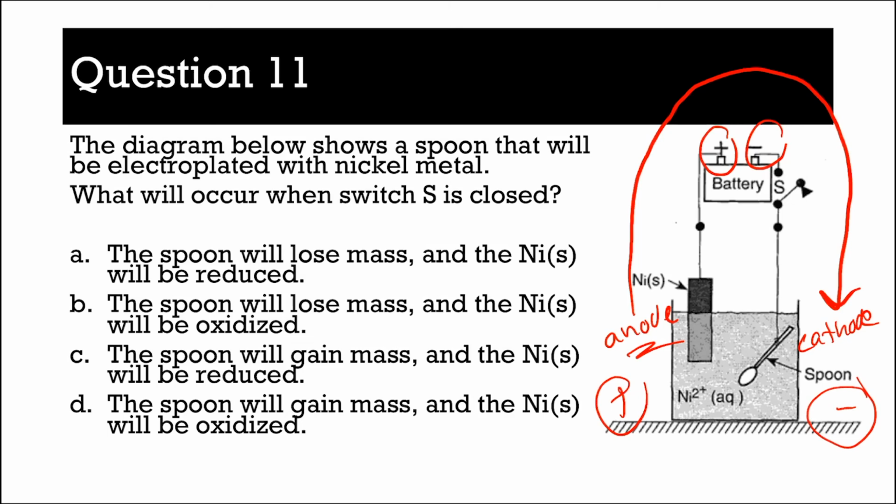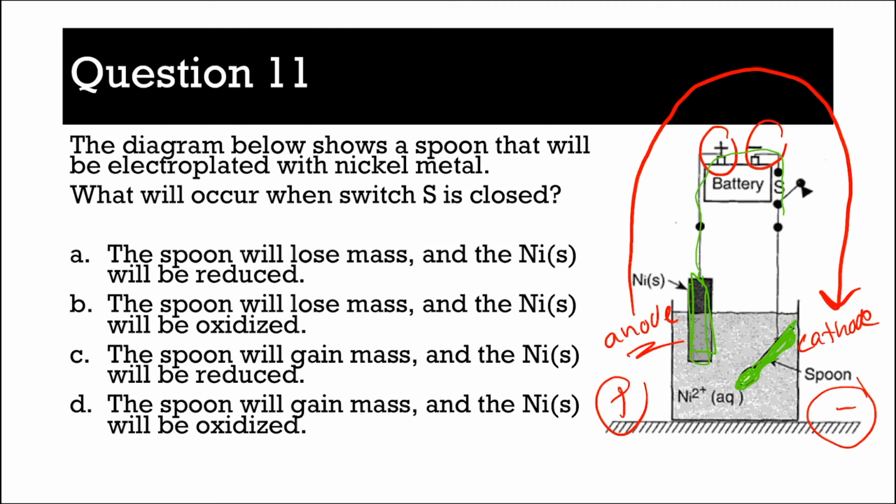Then it's asking what will happen to the masses of both things. So if we think about it, the spoon is going, here's no nickel, it's covered. So what happens is the ions travel through and then attach themselves to the spoon.